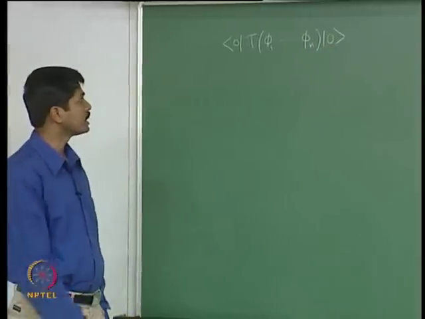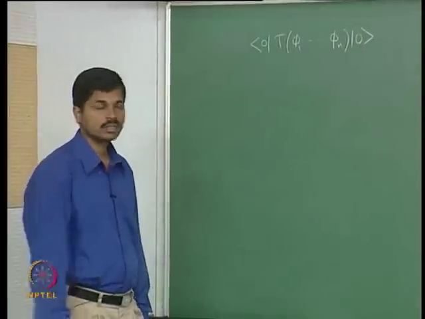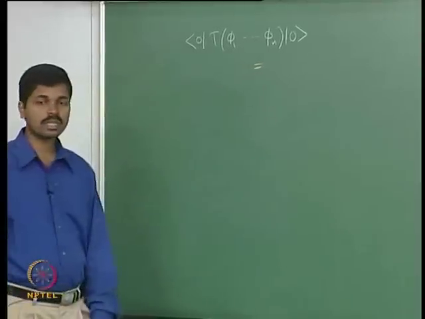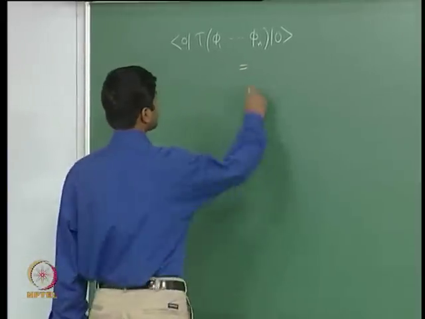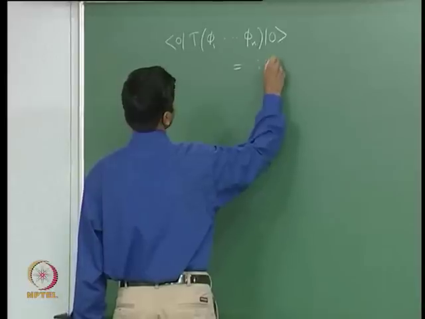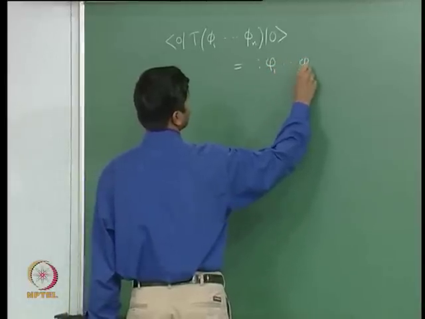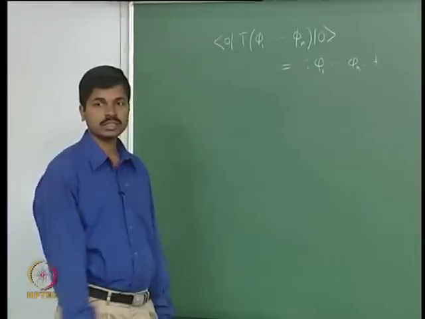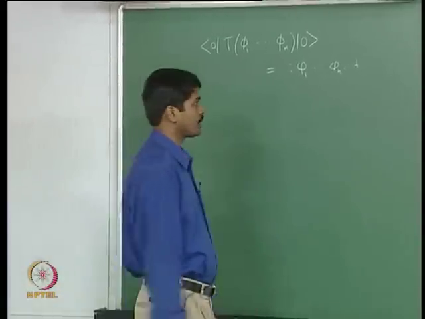And using Wick's theorem, this can be expressed in terms of the normal ordered product of the fields and then all possible contractions times the normal ordered products.